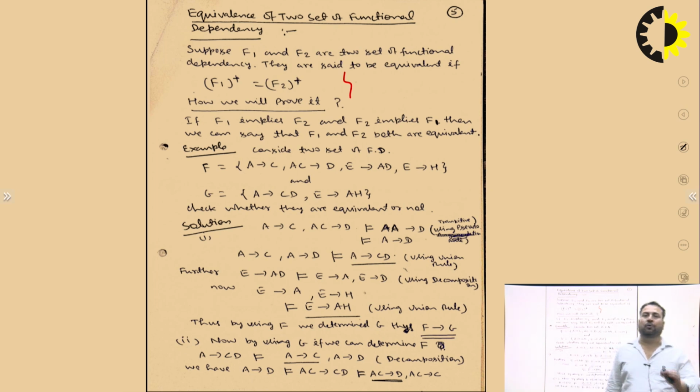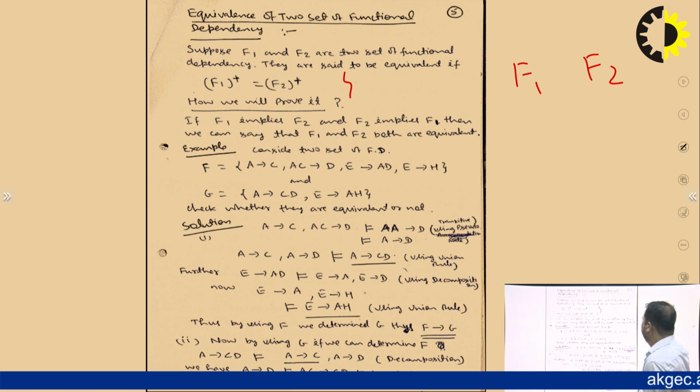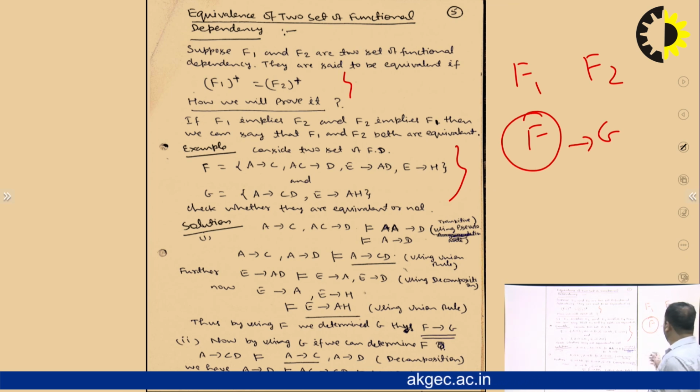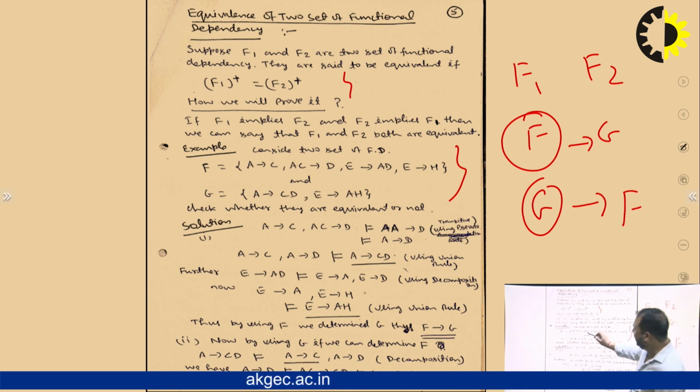So one way to prove that two sets of functional dependencies are equivalent is this: suppose F1 and F2, two sets of functional dependencies, are given, or let's say in the example F and G. If by using F we can determine G, and by using G we can determine F, meaning by using F we can determine all the FDs of G, and by using G we can determine all the FDs of F, then we can say that they are both equivalent.